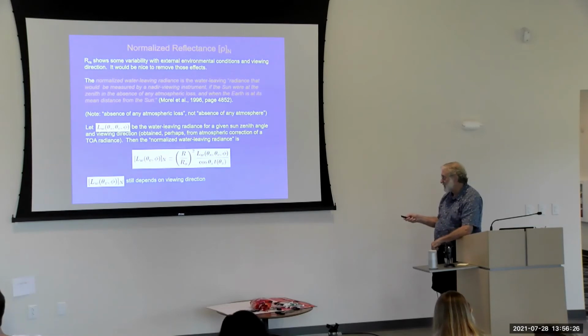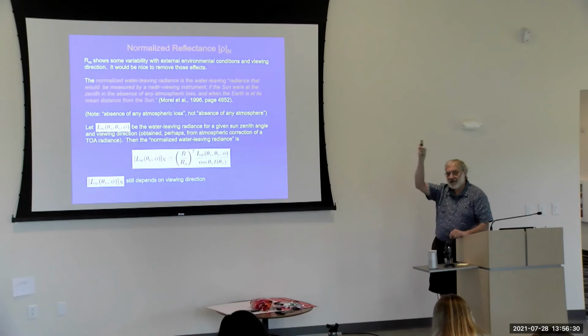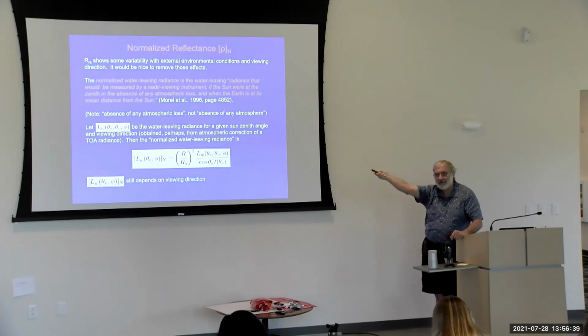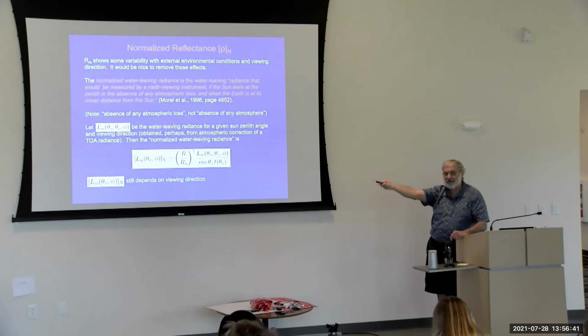He divides through by the cosine of the sun angle theta, and that gets rid of the sun's zenith angle effect, because if the sun's up here, you get a bigger number than if it's over here. So you divide the value over here by the cosine, and that's essentially moving the sun back to the zenith.